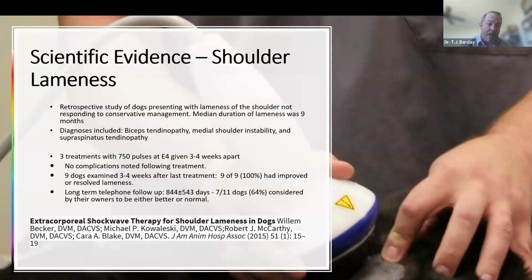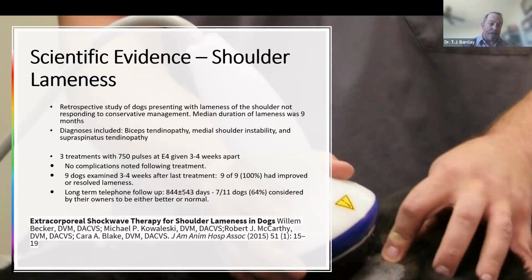And these could have been from biceps tendinopathy, medial shoulder instability, or supraspinatus tendinopathy. Each of these received a series of Shockwave treatments, 3 treatments given roughly 3 to 4 weeks apart.